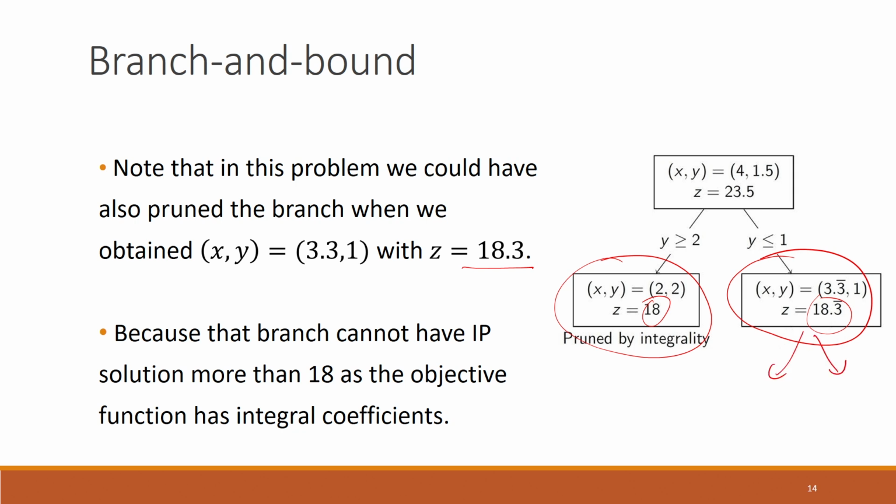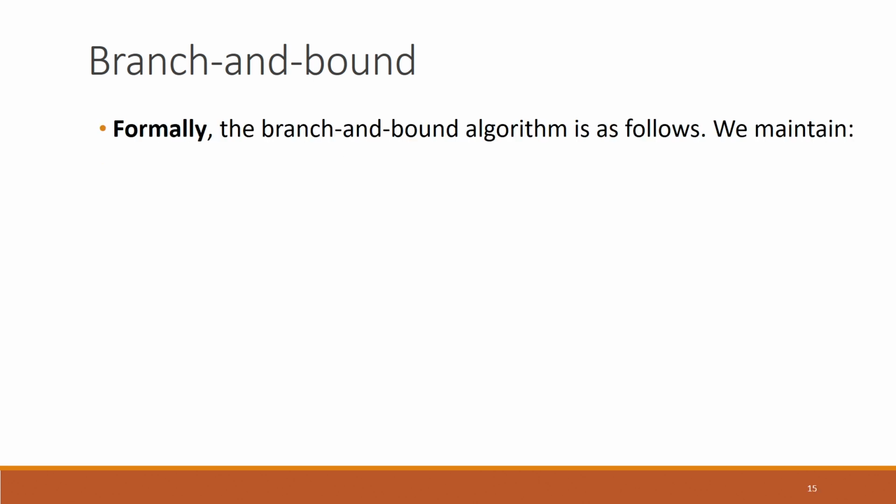Even if we go further down, as we had done in the previous slides, there is no harm in that, just that we will not be getting anything better. This kind of reasoning only works when the coefficients in the objective function are integers. Formally, this branch and bound algorithm can be defined as follows.